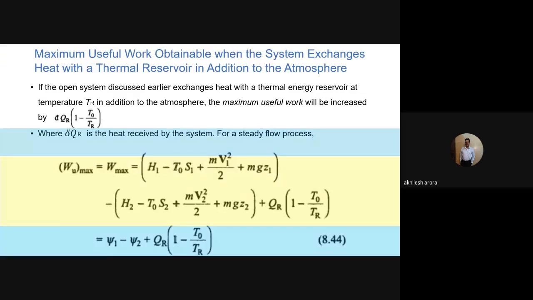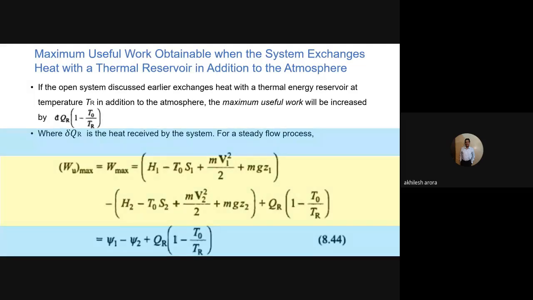Okay, so this is the slide which we haven't discussed in the last class. Now you just see the heading of the topic. This is maximum useful work obtainable when the system exchanges heat with a thermal reservoir in addition to the atmosphere. Just read the topic carefully.